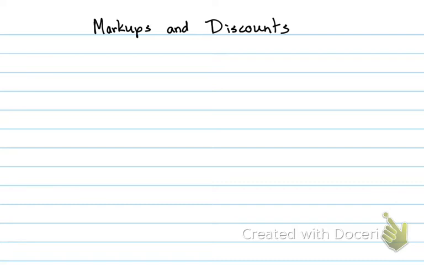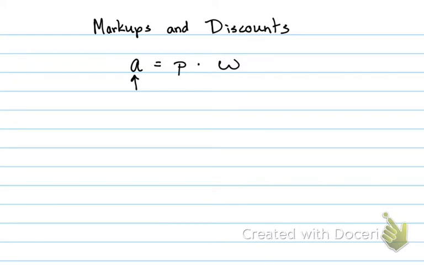The formula that we use is A equals P times W. This is really important, guys. You need to remember this. A is what you paid.